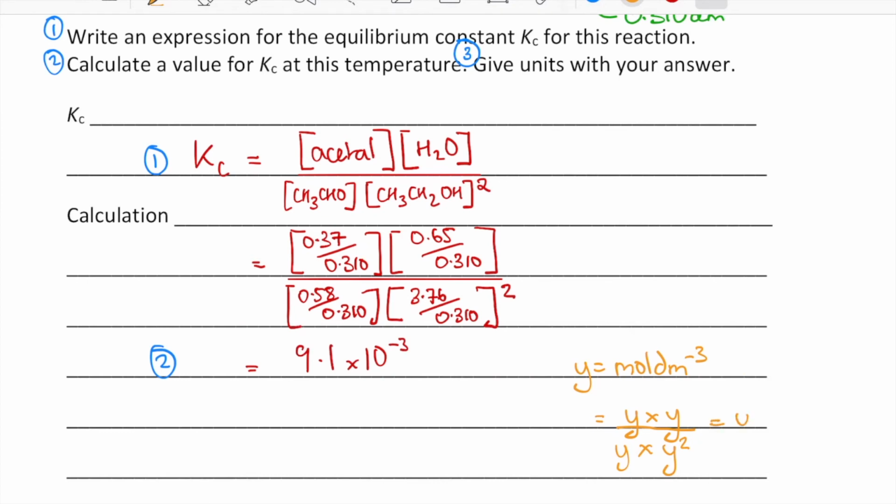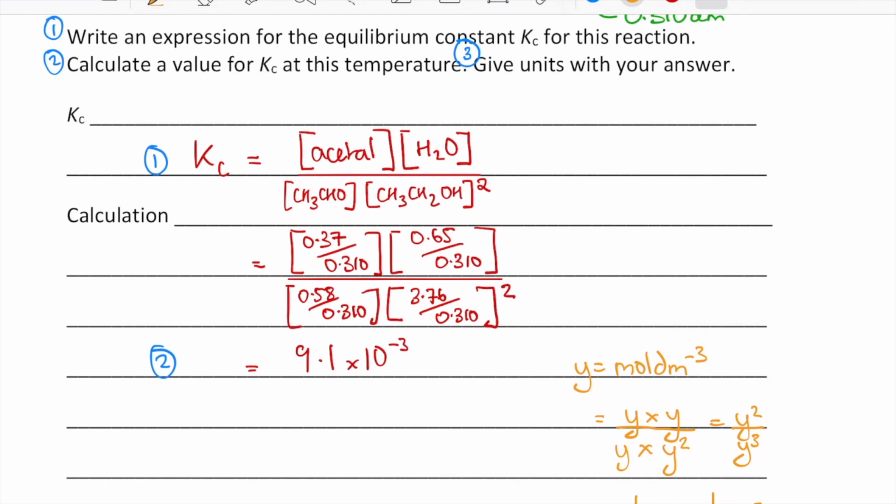So that equals y squared over y cubed, which I can simplify, and it's 1 over y. And now I put back in what y is. So it's 1 over moles per decimeter cubed. And then I am simplifying that again. So moles to the minus 1 decimeter cubed.